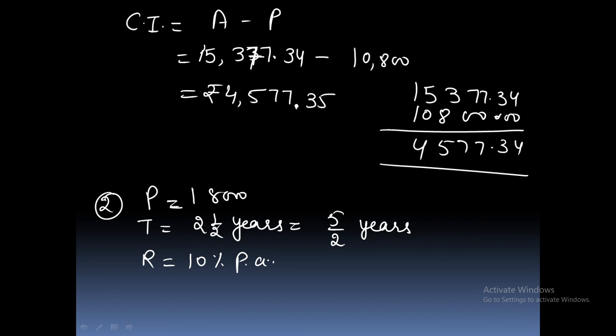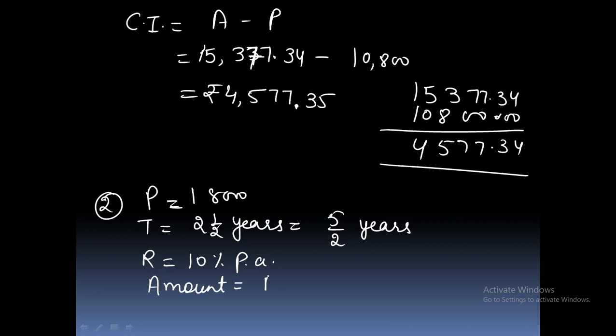For solving this type of question, we have to first of all keep in mind that we should implement two formulas. First the formula of amount, then we use the simple interest formula. So first of all, here we will write, we calculate amount.